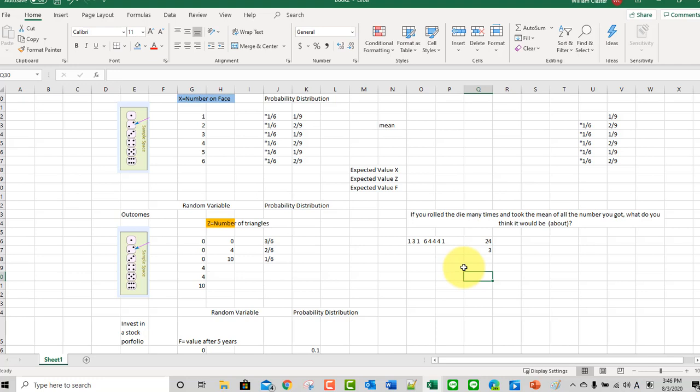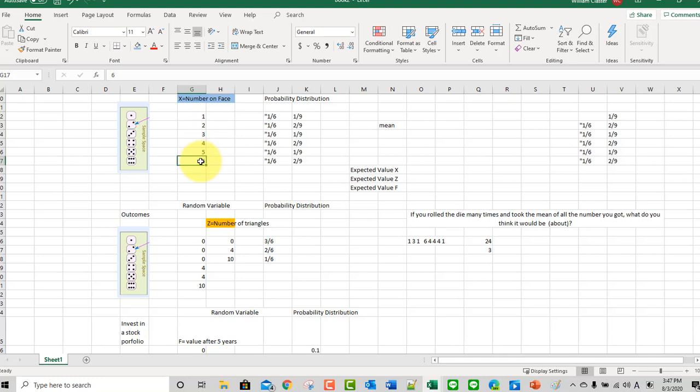Well, since these are the possibilities, and if they're all equally likely, that is, if we have this probability distribution, then we're likely to get the same number of 1s as 2s, as 3s, as 4s, as 5s, as 6s. So, for example, if we only rolled it 6 times, we're sort of likely to get 1, 2, 3, 4, 5, and 6.